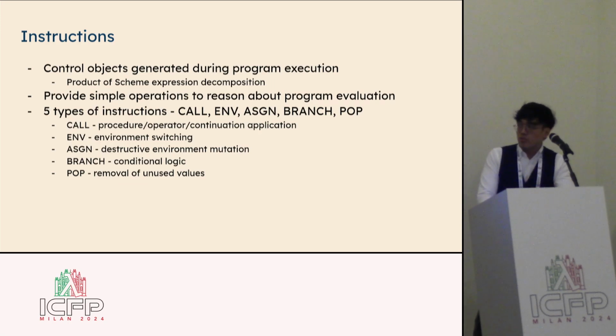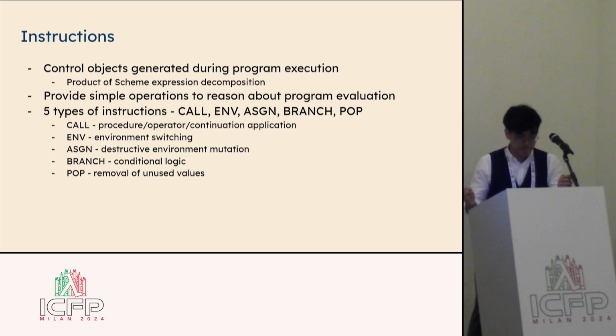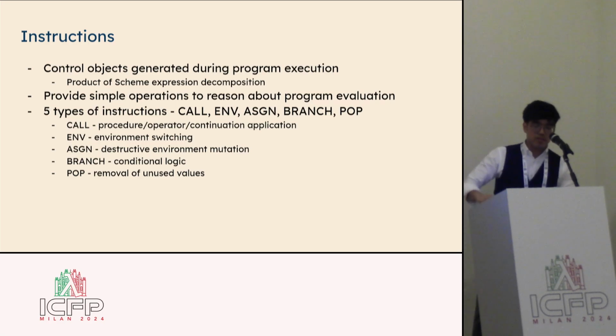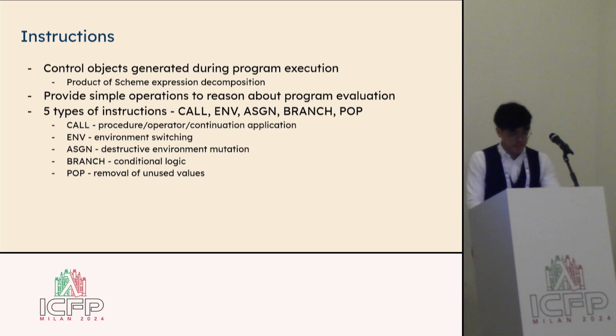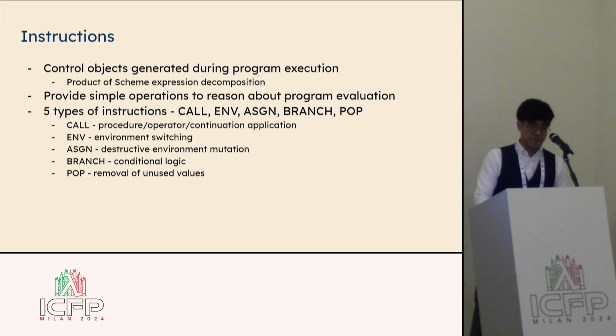And for Scheme, we have a minimal set of 5 instructions that fully describe all of the operations required for SICP Scheme. For example, the call instruction, as we've already seen, handles application of functions or procedures or mathematical functions. The assignment instruction handles assignment, and then the branch instruction handles conditional logic.